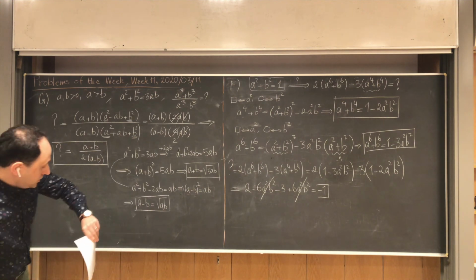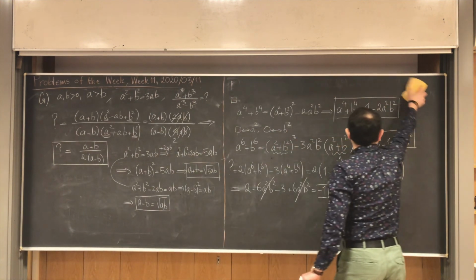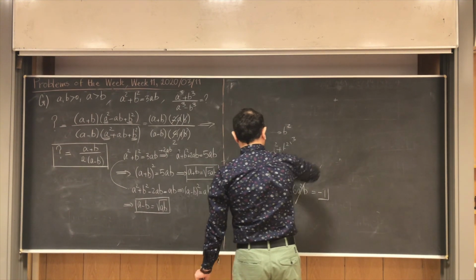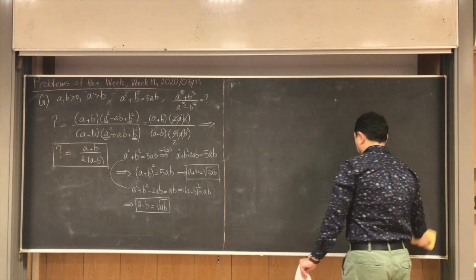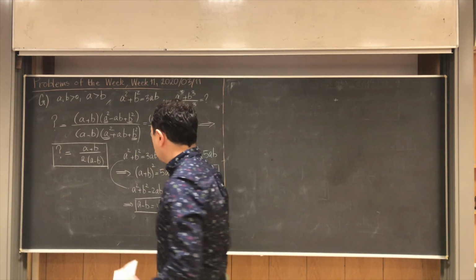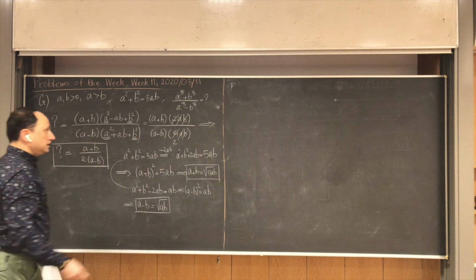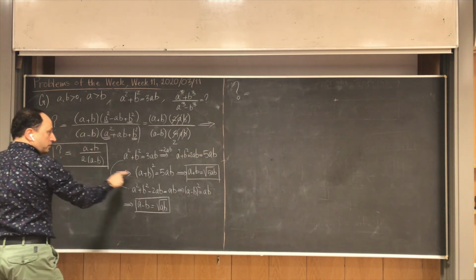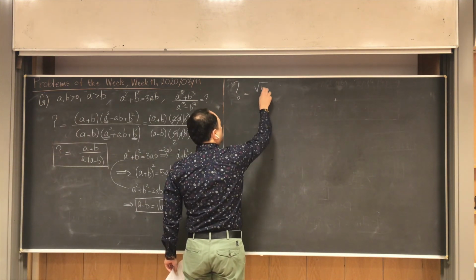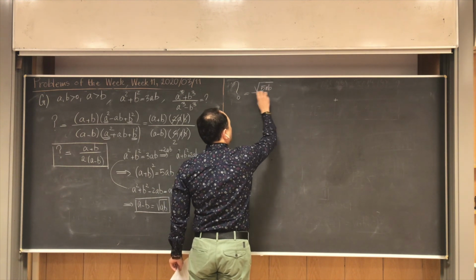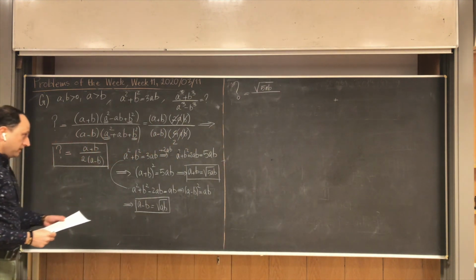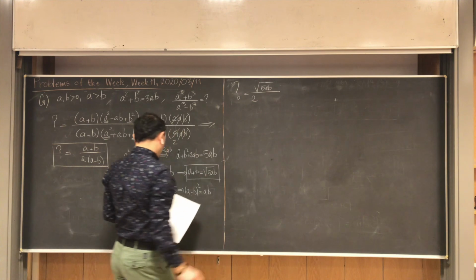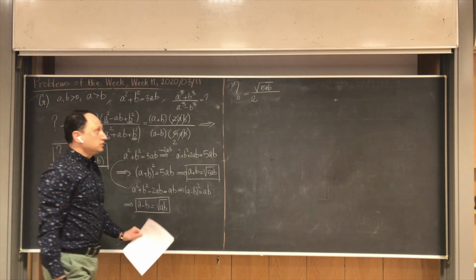Okay, so now if I substitute these two in my question mark, so the question mark is now equal to, it's a plus b, so I put square root of 5ab, and then I have a 2 here, and then instead of a minus b, I can put the square root of ab.